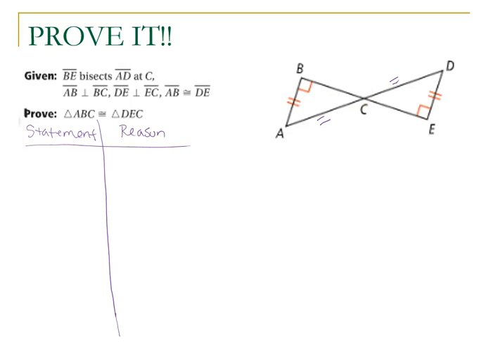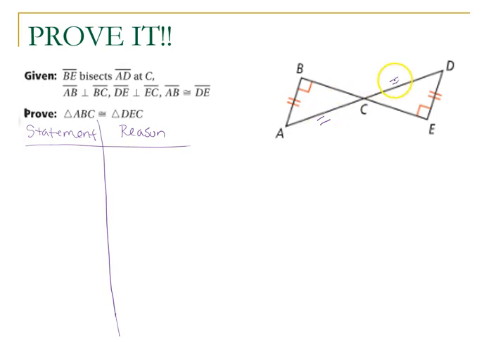We could say these two angles are congruent because they are vertical angles, and then we would have angle, angle, side. We could also, because of the bisecting, do side, angle, side. There's a lot of different ways we can do it. But I have a new theorem I want to use, and it's the HL theorem. So that's going to be my plan.